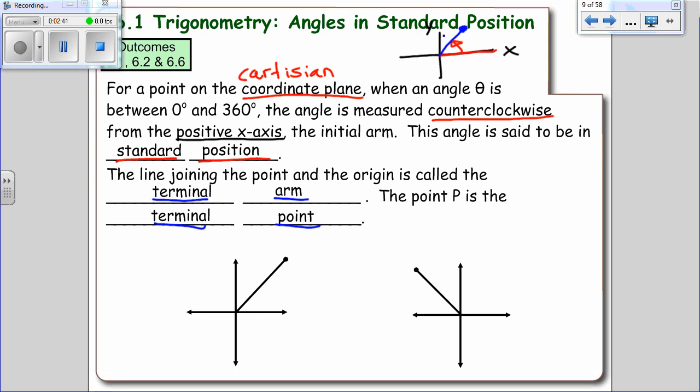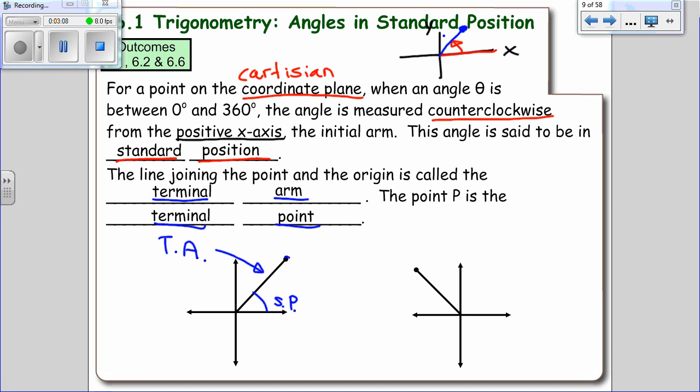There are 2 examples down here on the bottom. If you were to label the standard position angle, it would be right here. That'd be standard position, SP. This thing would be the terminal arm, TA.